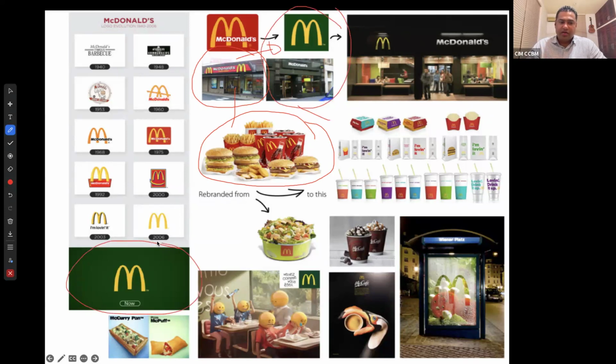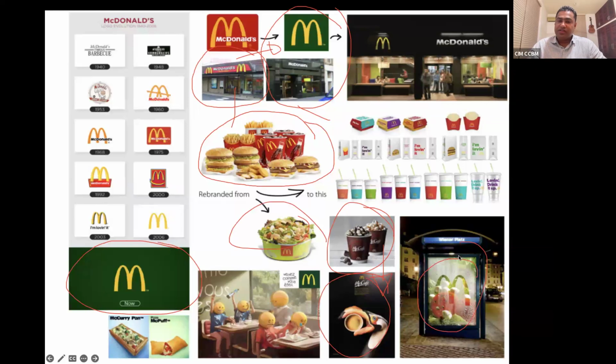And they serve salads. Instead of this, they offer this. Instead of a lot of sugar, they offer healthy stuff. Their menu is very, very focused on sustainability, green and healthy.